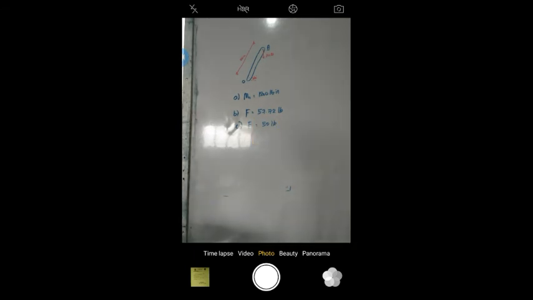Next, letter D. In letter D, how far from the shaft must a 240-pound vertical force act to create the same moment about O?